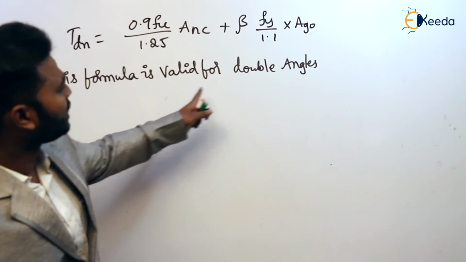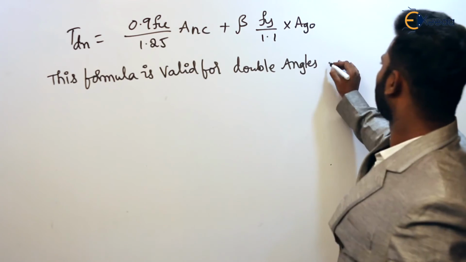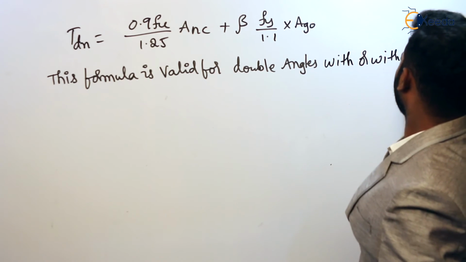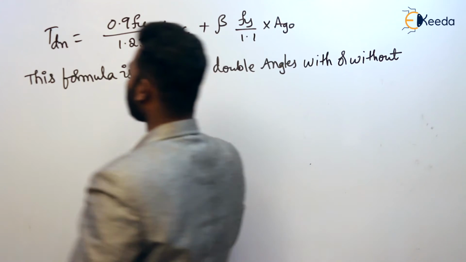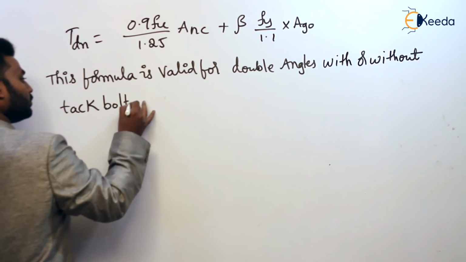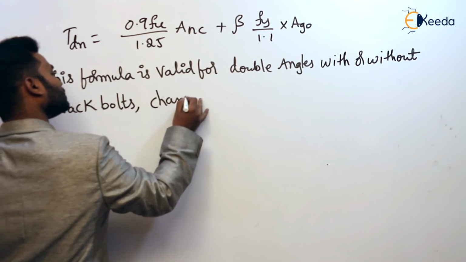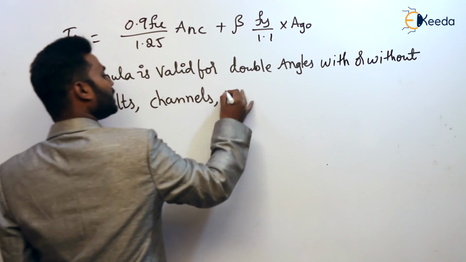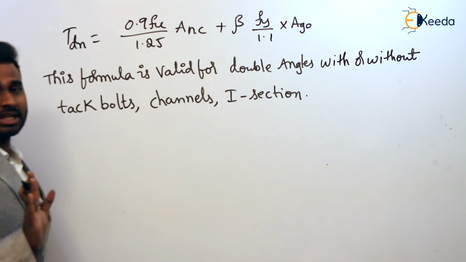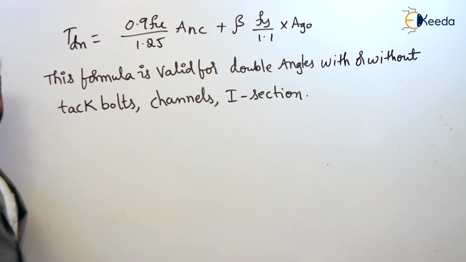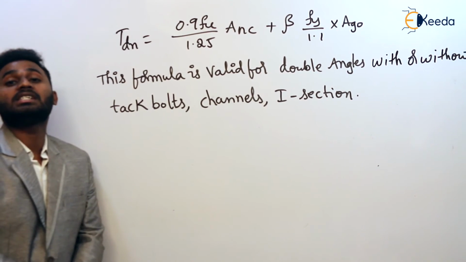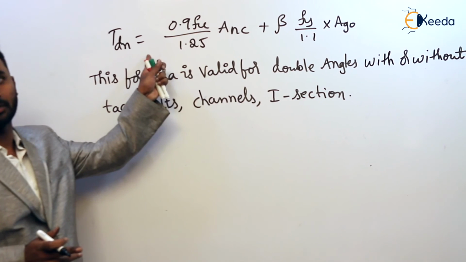So this formula is valid for double angles with or without tack bolts, channels, I sections, etc. For plate we have discussed. So except for plate, for all types of rolled steel sections, this is the formula for design tensile strength in net section rupture.